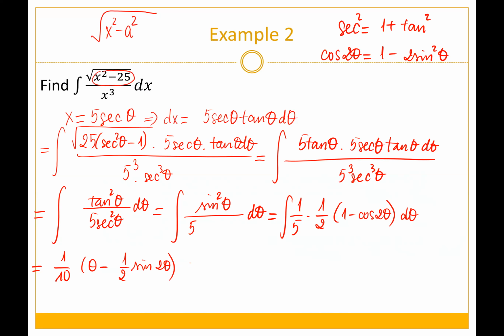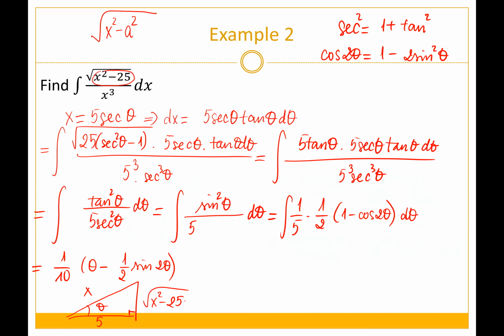Again, we're gonna use the right triangle relationship to put it back into x. So this is theta. Secant theta is x over 5. So secant is hypotenuse divided by adjacent, so it's x over 5. And then this side is going to be square root of x squared minus 25.